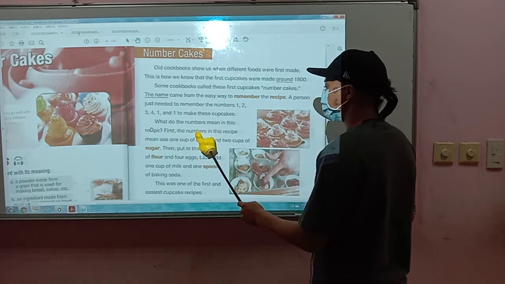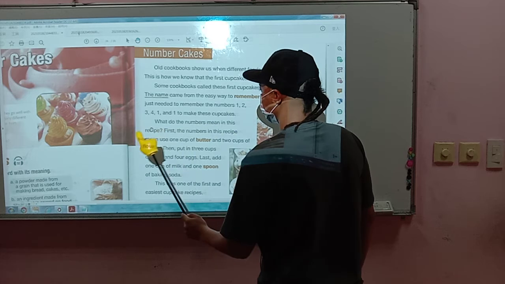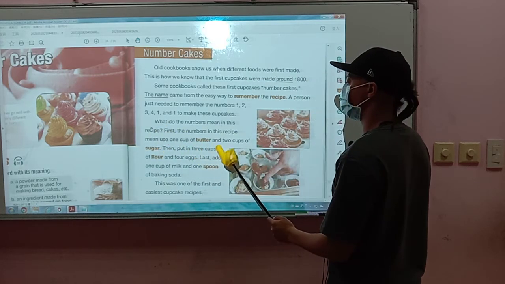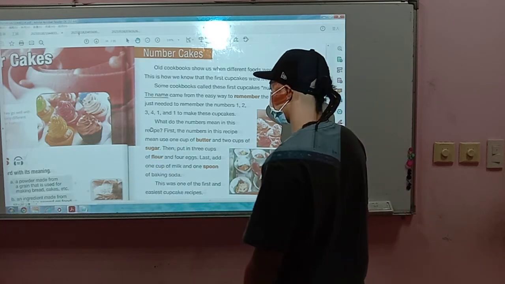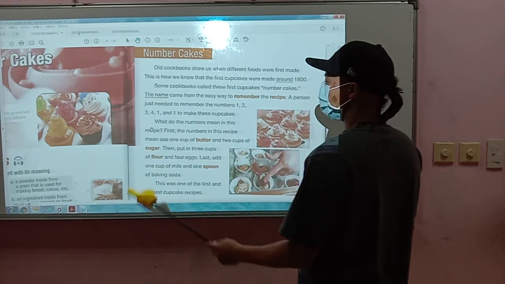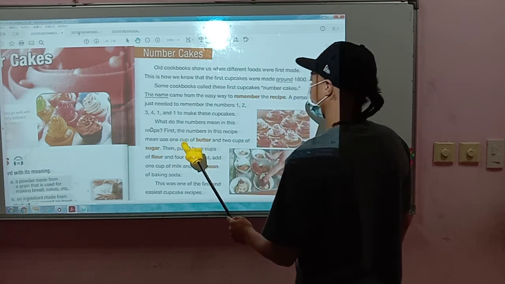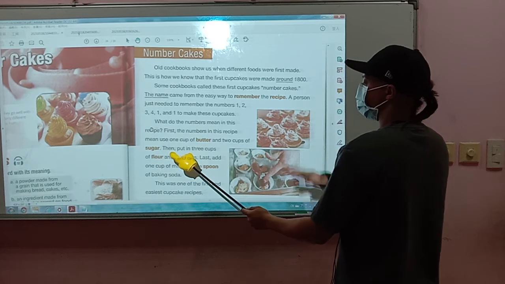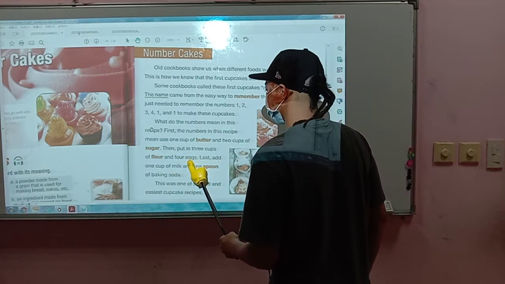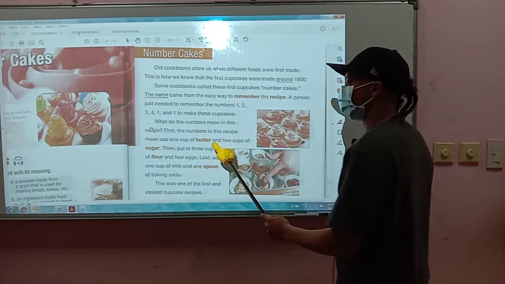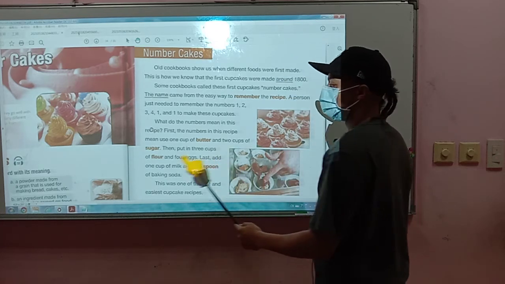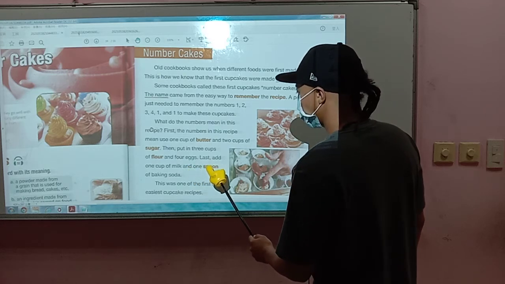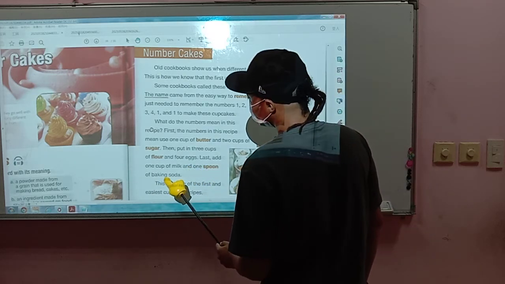First, the numbers in this recipe mean use 1 cup of butter and 2 cups of sugar. Then put in 3 cups of flour and 4 eggs. Last, add 1 cup of milk and 1 spoon of baking soda.